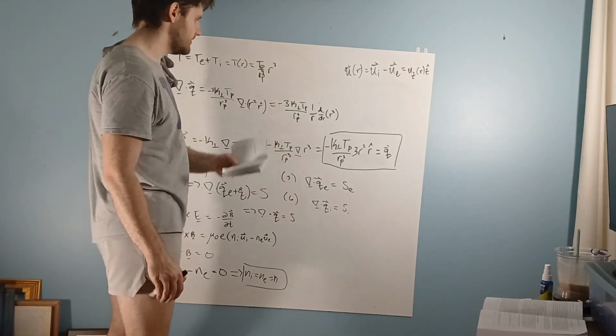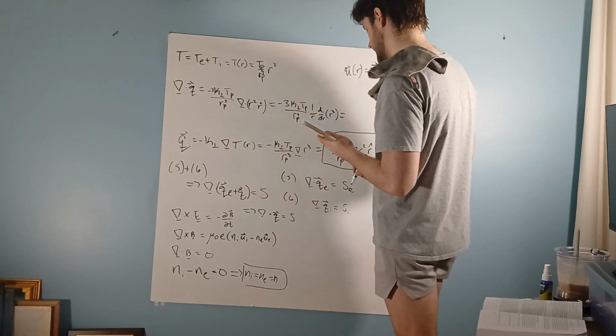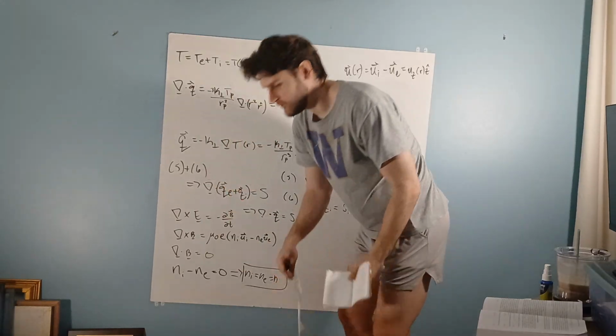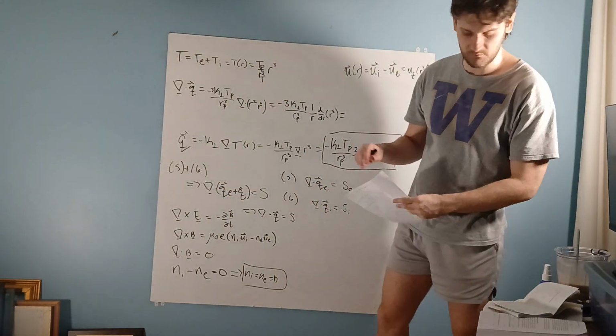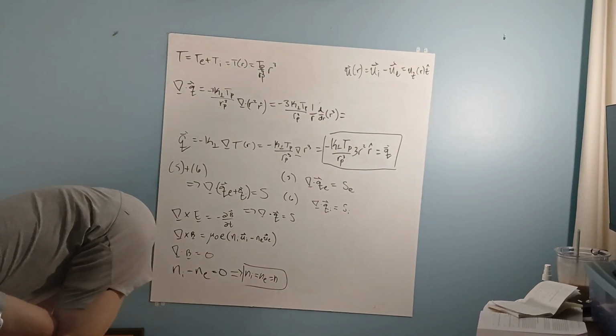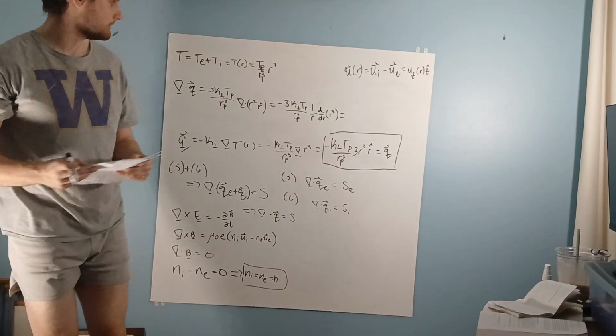Great, that's easy. That is easy to calculate, right? And we just want to check my notes to make sure I'm doing this right. Yes, I am doing this right. Very good.